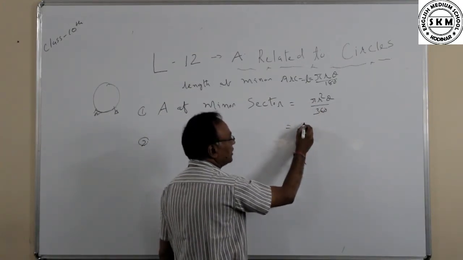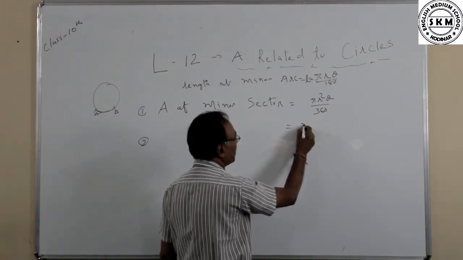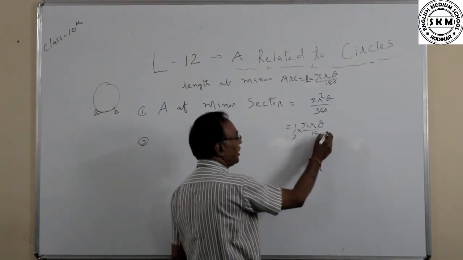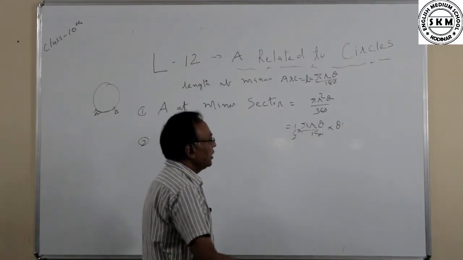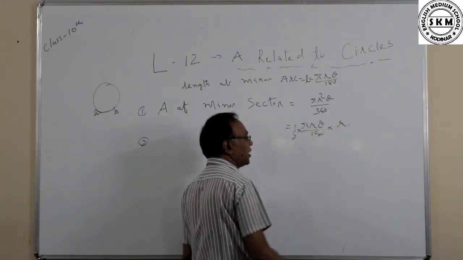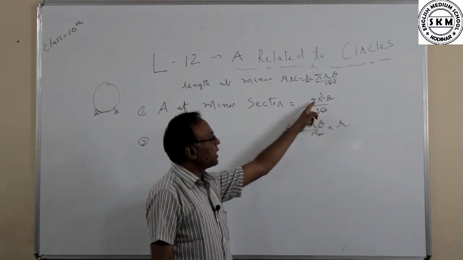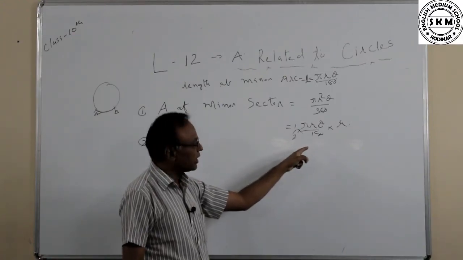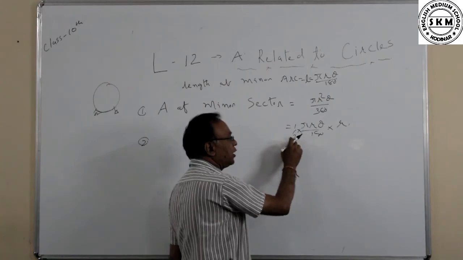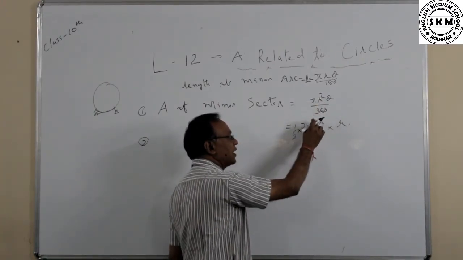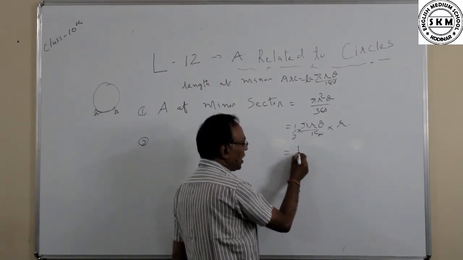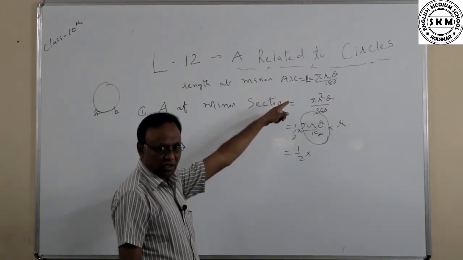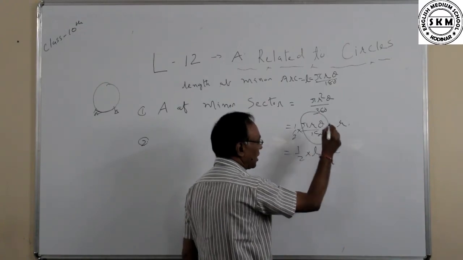Now there is the second formula for the area of the minor sector: pi r square theta upon 360 is equal to half into pi r theta upon 180 into r. Here pi r theta upon 180 is the formula for the length of the minor arc, so it is l into r.